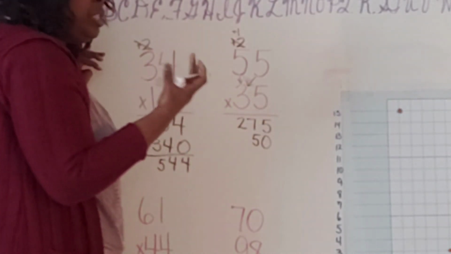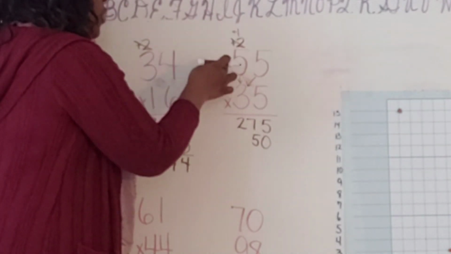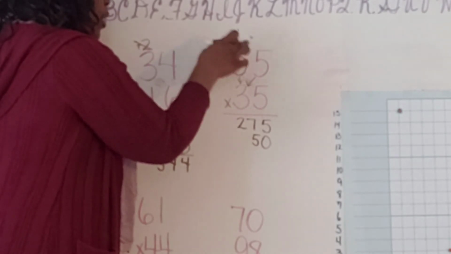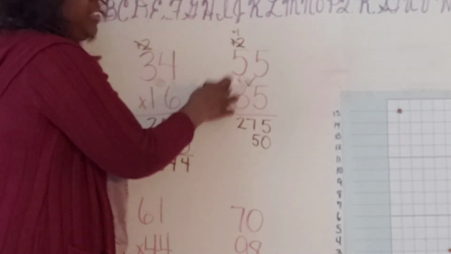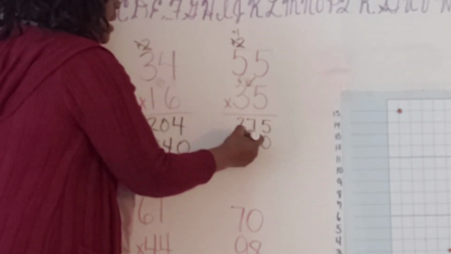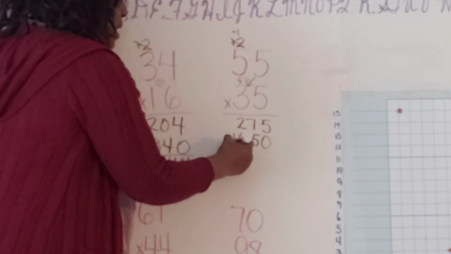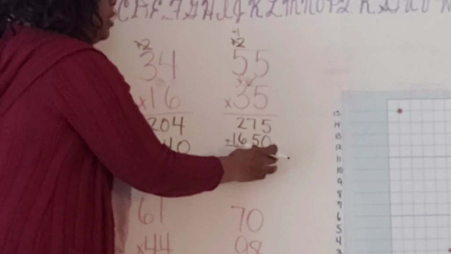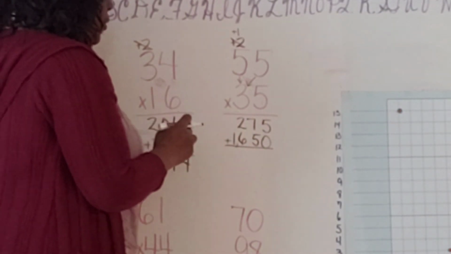Just like if I were to multiply normally 55 times 3, my 1 comes over the other 5, and I already crossed out that 2 so I won't get confused. 5 times 3, 15 plus 1 this time, 16. And because there's no other place to carry over, I write my 16 right there. So now it's 1,650. That would be my answer.